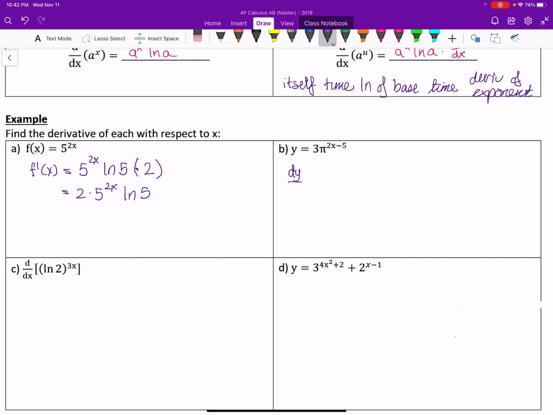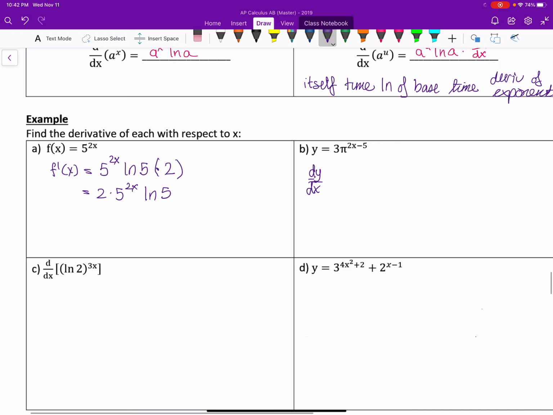dy dx is equal to, first of all, it's just this part that's raised to the exponent. So it's going to be 3 times, and then take the derivative. That's a constant multiplier. So it's 3 times itself, pi to the 2x minus 5, times the natural log of the base, times the derivative of the exponent.